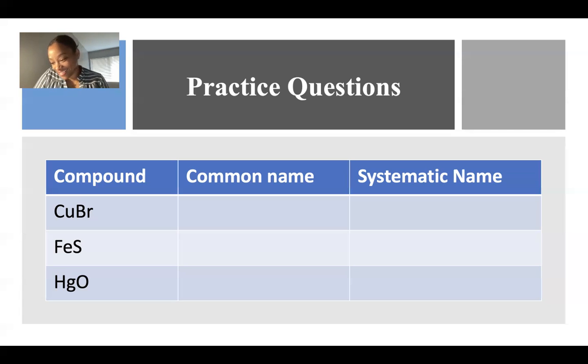So mercury oxide is the common name, and then the systematic name is it mercury 3 oxide? Yeah, mercury 2. Okay. Right. So iron has a Fe2 and Fe3 state. Now mercury has a Hg plus 1 and a Hg plus 2 state. Okay.